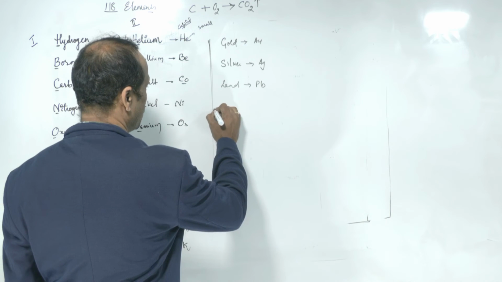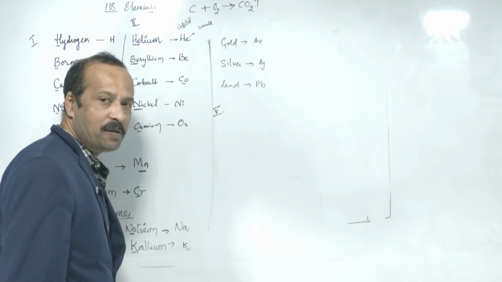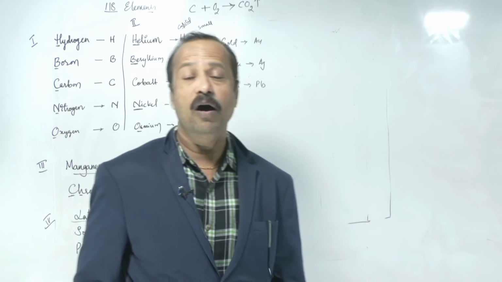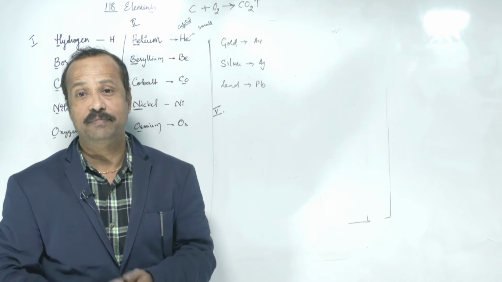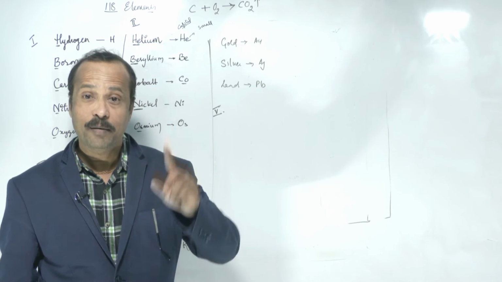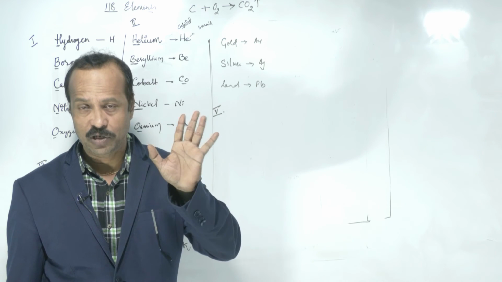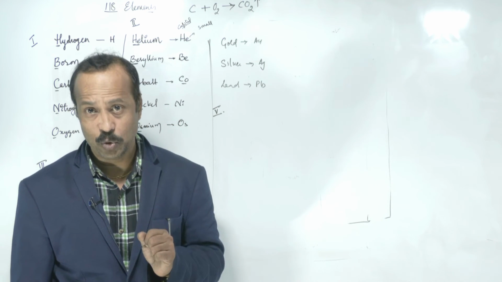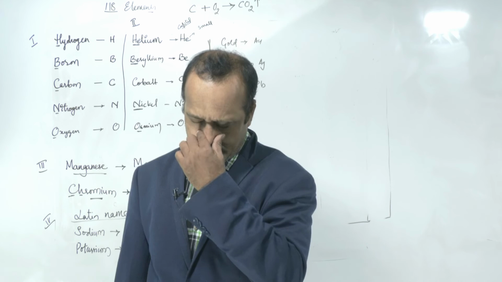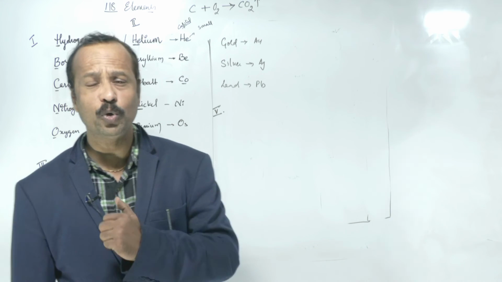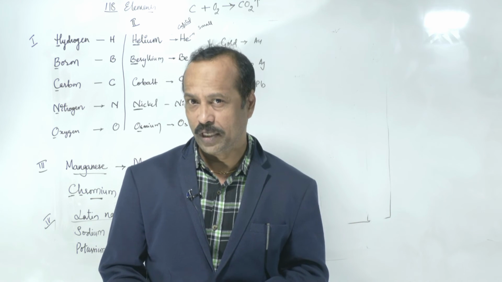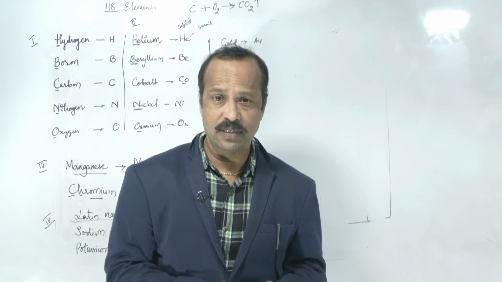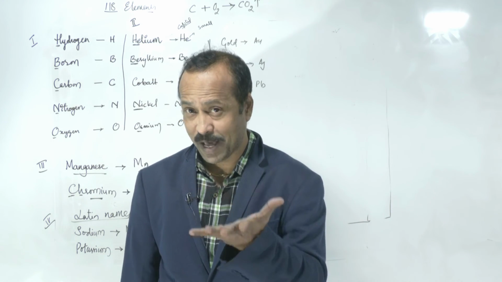Now the fifth method is what? Some elements are named based on the names of planets. Okay, planets' names are also given to some elements, like plutonium. There is one element called plutonium. Initially it was said there were nine planets around the sun.